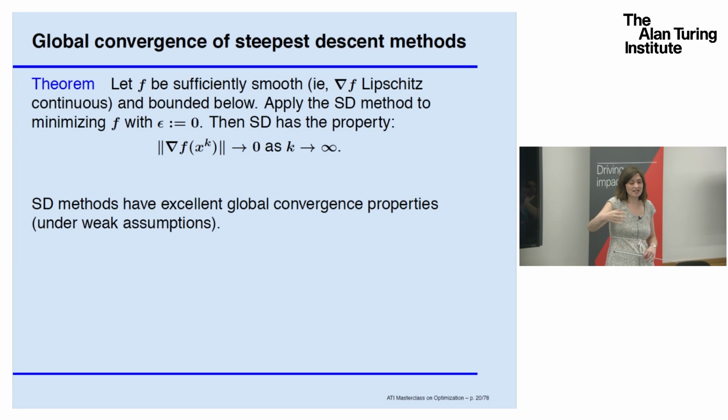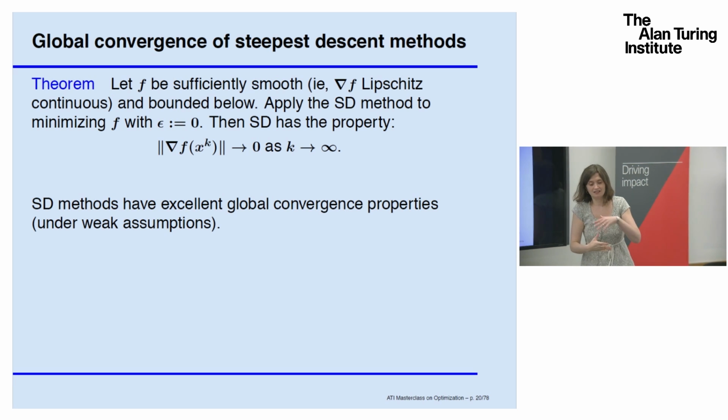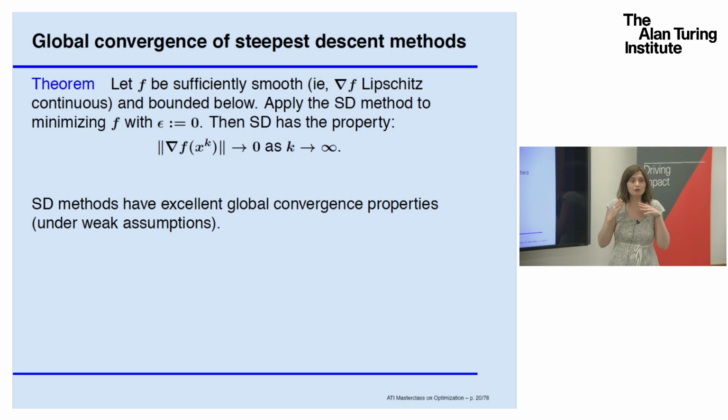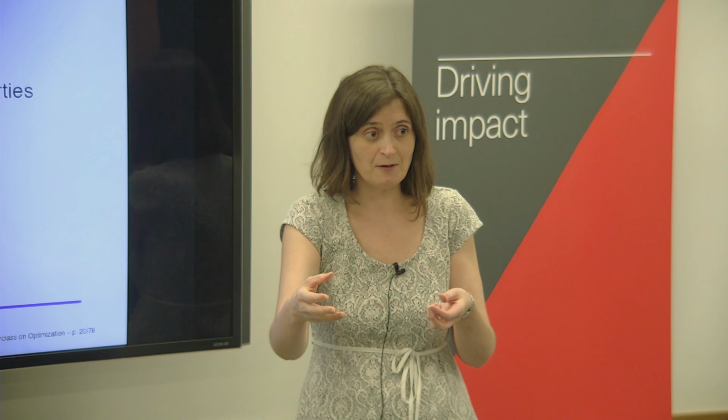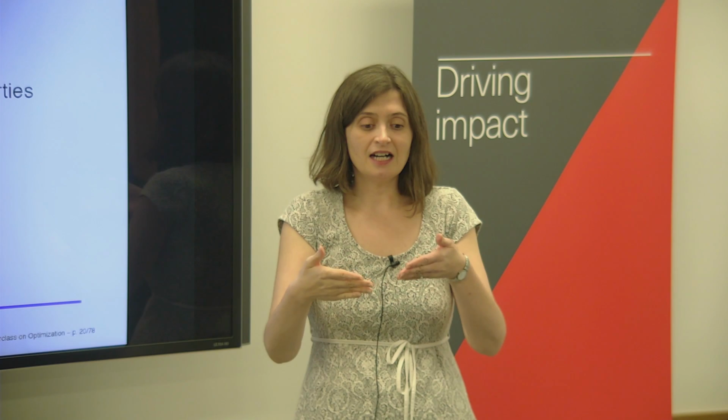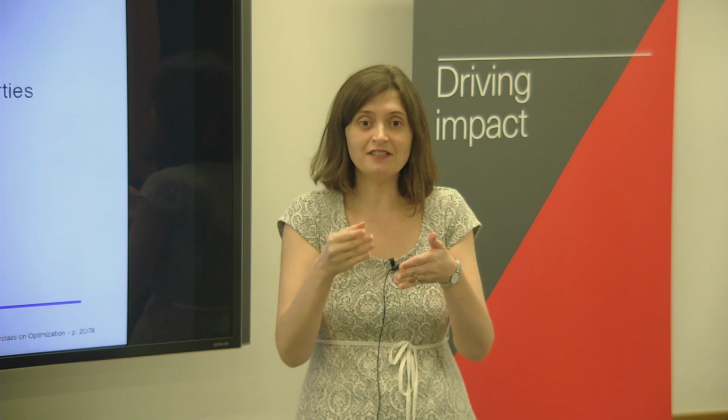Another thing I want to emphasize once more is why we need this kind of sufficient decrease condition. You could design a method where you just say, I want my function to go down at each step. However, you need to not just have a descent direction.